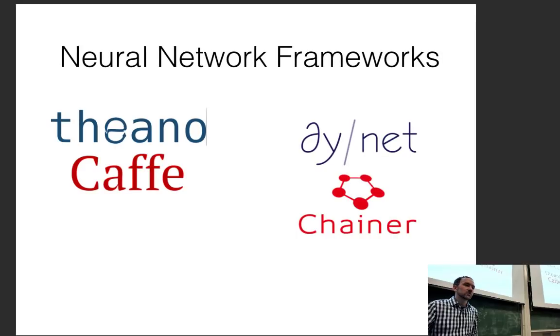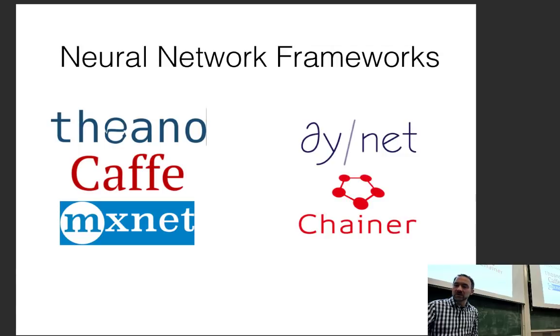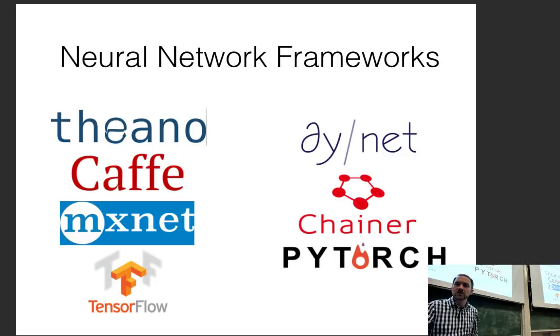At about the same time, there was a toolkit called Chainer. There's also been MXNet, which was developed here at CMU and then taken over by Amazon. TensorFlow, which has been developed by Google. PyTorch, which is a continuation of Torch, which was kind of a more general purpose auto differentiation library, but also developed largely by Facebook.